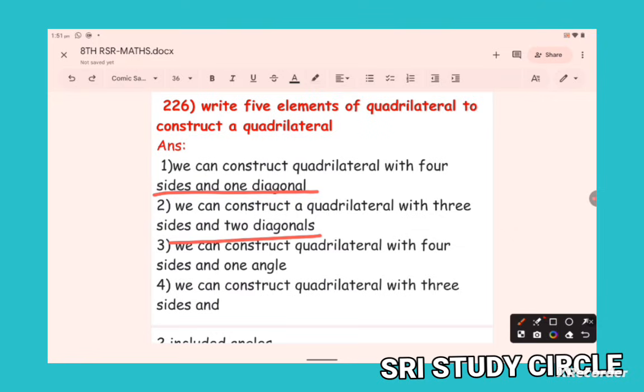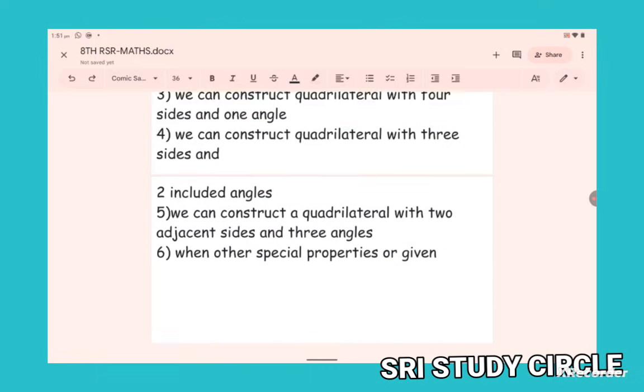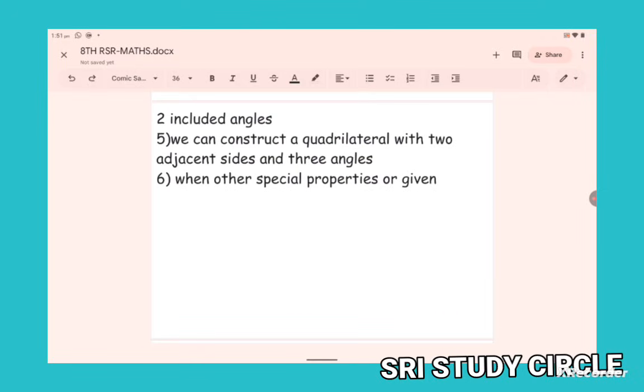We can construct a quadrilateral with 2 sides, 3 angles. We can construct a quadrilateral with 2 adjacent sides and 3 angles. All these are the maximum. How many elements do we have here? Only 5, maximum 5.